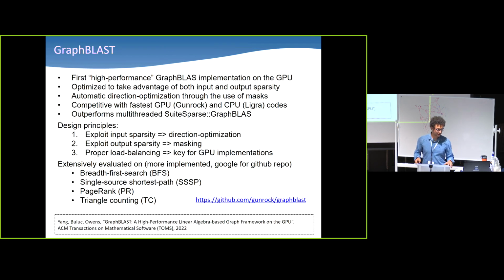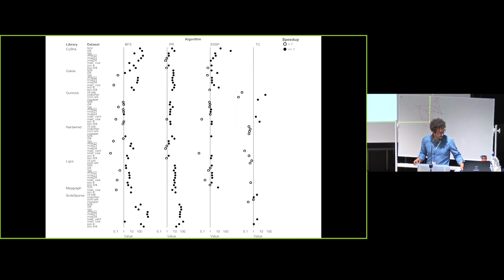But if you want a single-node GPU stuff, there's GraphBlast, which, again, one of my PhD students has developed. It was published in ACM Transactions on Mathematical Software after a long process, which apparently is typical at TOMS. It does a lot of the optimizations that I talked to you about. And it was faster than all the graph processing libraries out there.